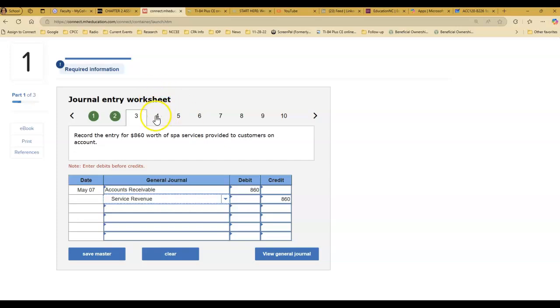All right. Number 4. Record the receipt of spa supplies purchased for $800 on account to use at Nicole's Getaway Spa. Now, again, try to imagine what's really happening here. When we are buying spa supplies, think along the lines of things like large bottles of lotion that they might use afterwards for a hand massage. Massage oils. Some kind of essential oils.